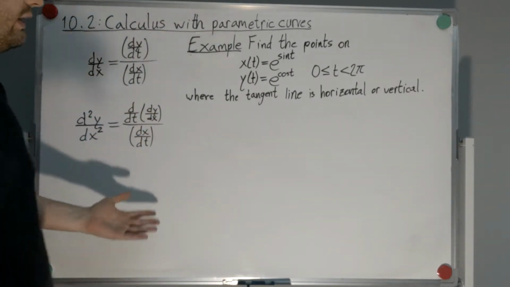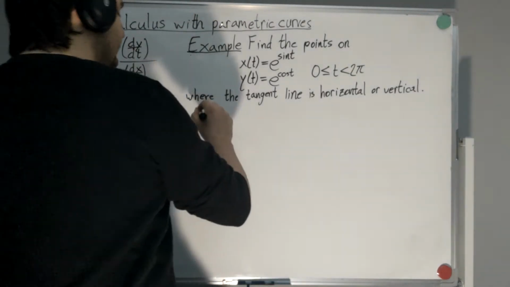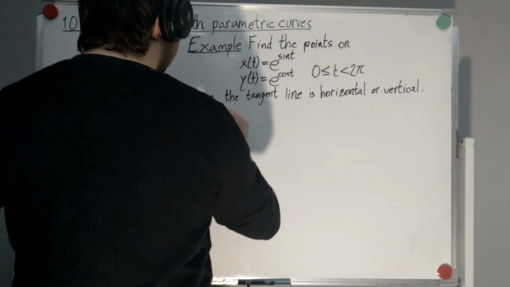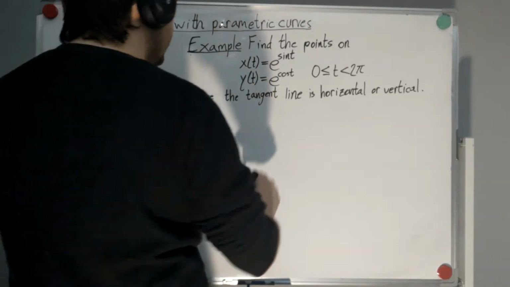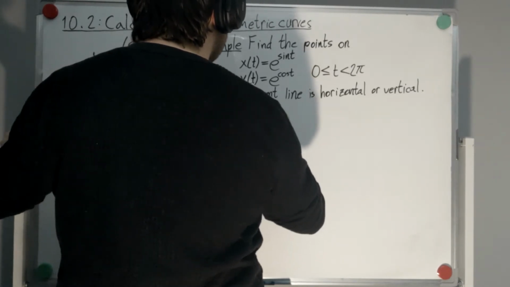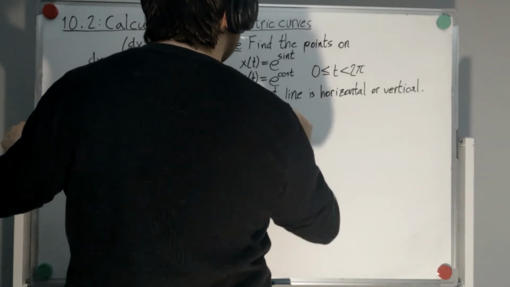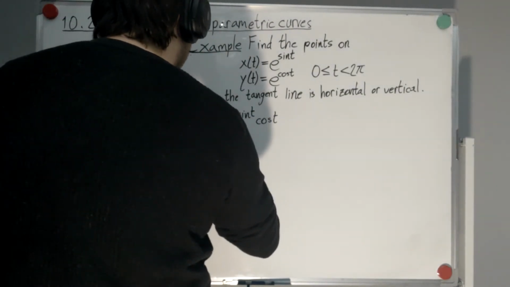Well, as always, we need to find dy dx. So, dx dt, well, this is a chain rule. This is going to be e to the sine t times cosine t. And then dy dt, that's also a chain rule.